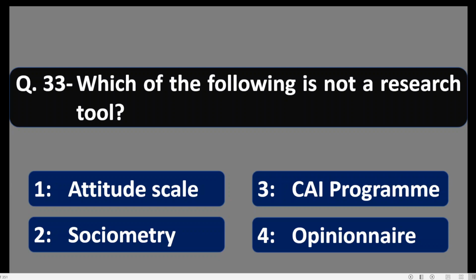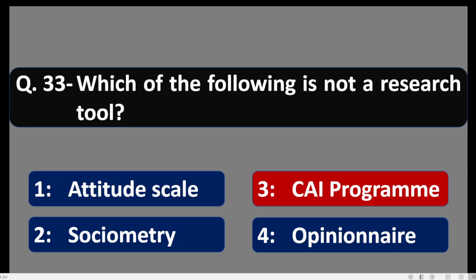So with the help of an attitude scale we can collect data, with the help of sociometry we can collect data, with the help of opinion error we can collect data, but with the help of a CAI program we can't collect data. CAI program is a treatment. Generally it is used in experimental research, and CAI means computer assisted instruction. It is not a tool, it is a program, it is a treatment. So option 3 is correct in terms of this question.